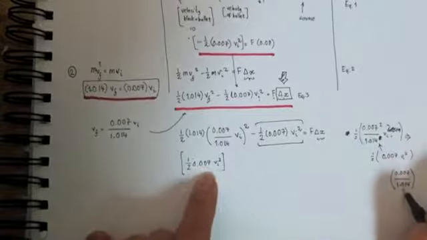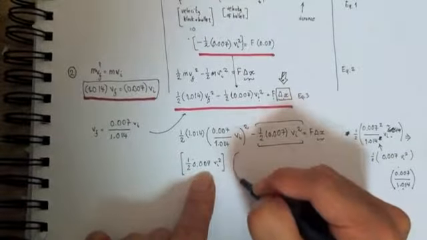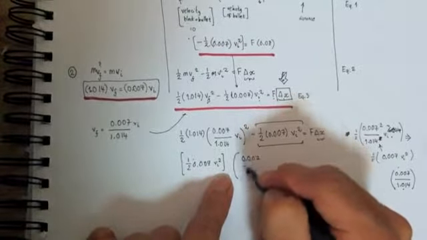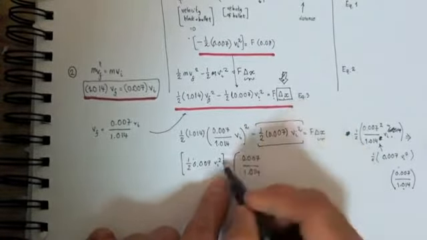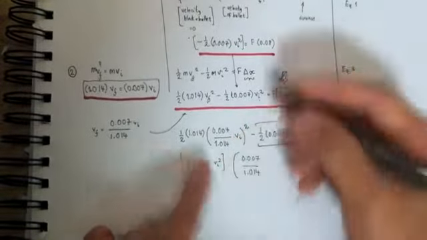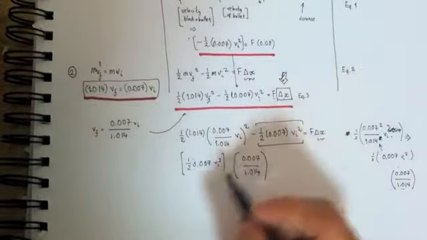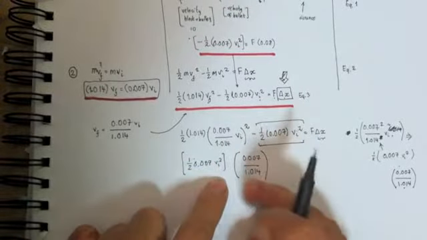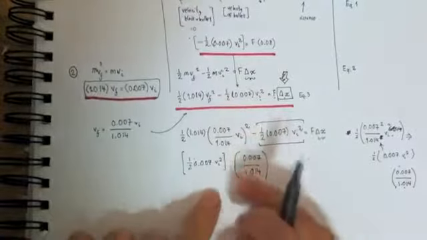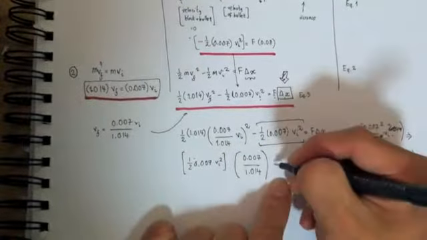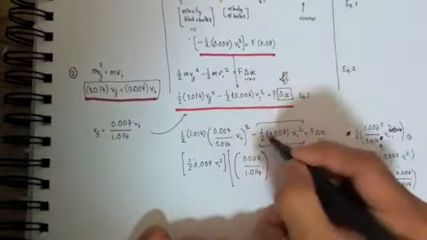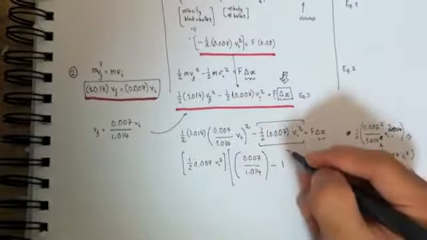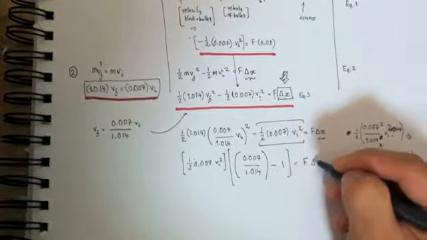If we do the exact same thing, multiplying this by 0.007 over 1.014, we would actually get that. So just to do a real quick calculation in your head, this would be 0.007 squared over 1.014, and if you factor this out, that's exactly what you get. Cool. Minus, and so we have to do the exact minus 1. Because we've pulled this out as a factor, equals f delta x.